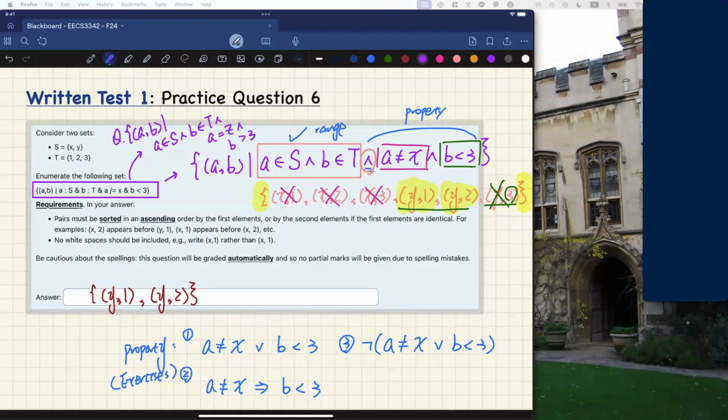This is also a set comprehension. We are saying that A should be in S and B should be in T, but A cannot be Z, of course. So this can never be satisfied.